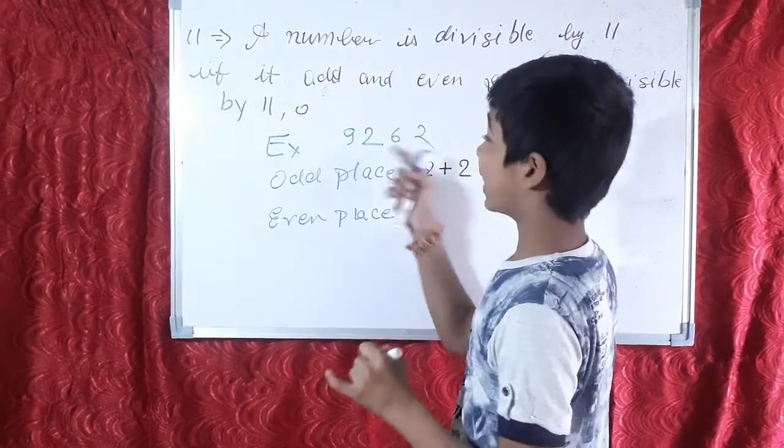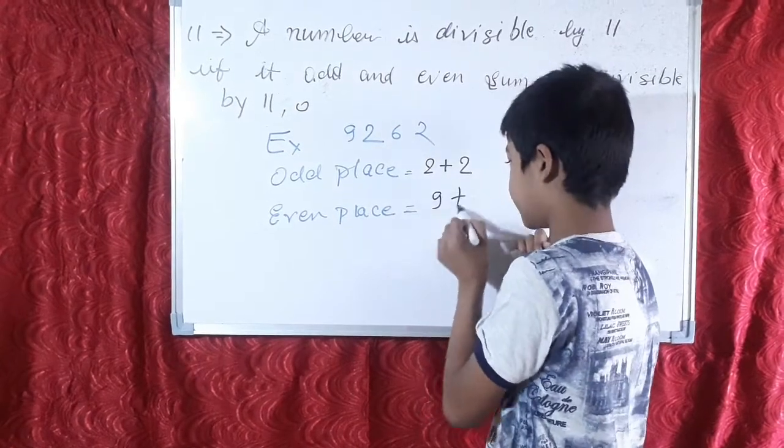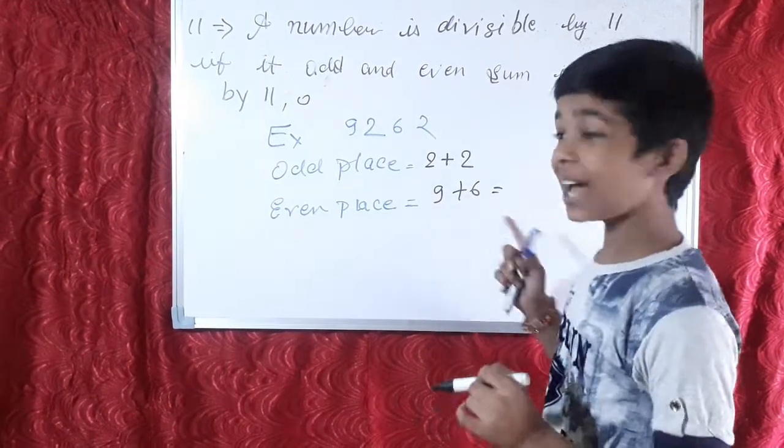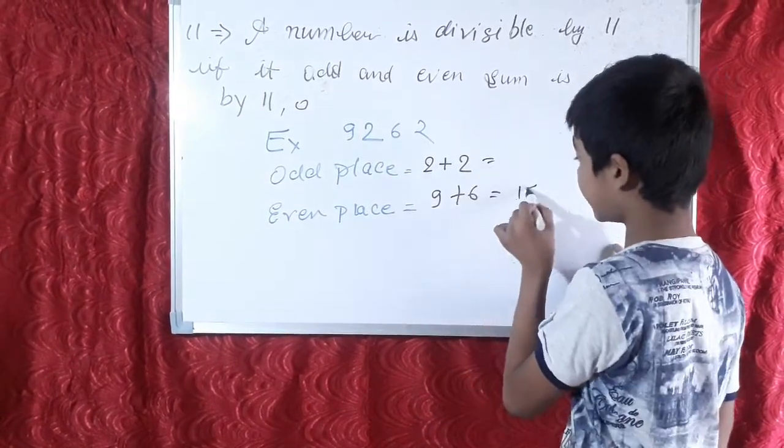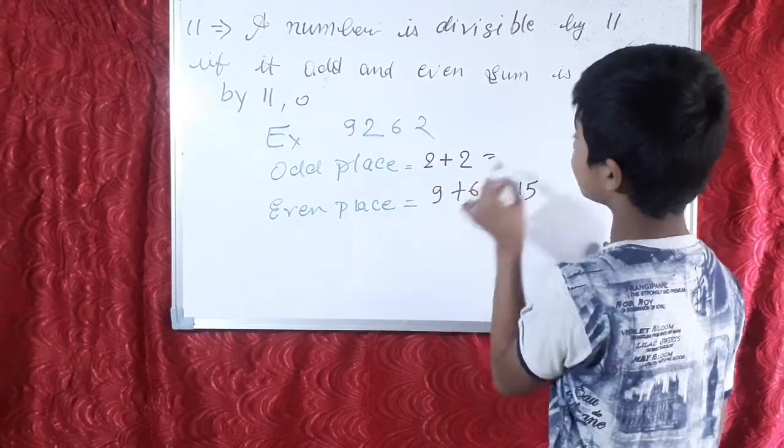Then the sum of 9 and 6 is 15. And the sum of 2 and 2 is 4.